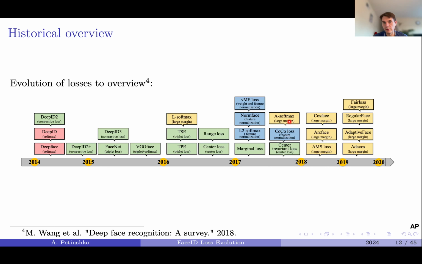The blue one is for normalization approaches, and the other green one is for angular based approaches. So yeah, softmax based, this is metric learning, these are normalized, these are the angular.